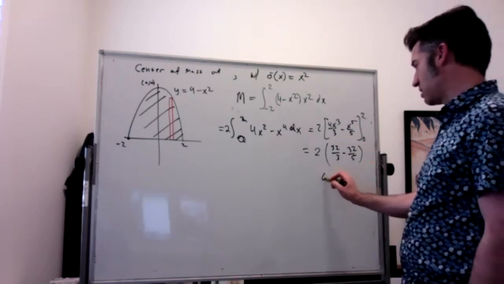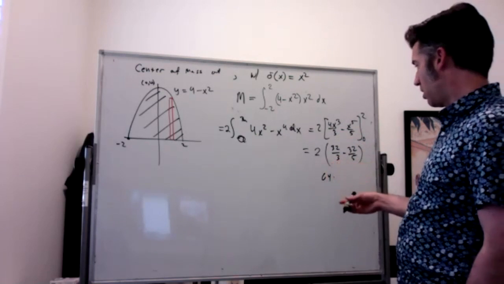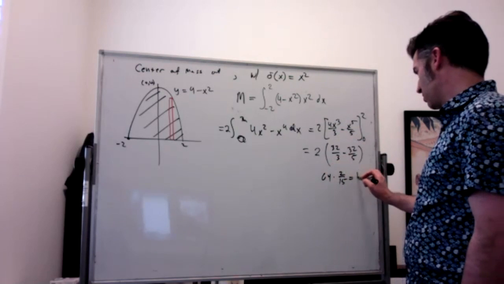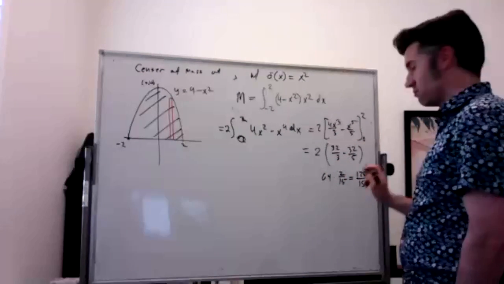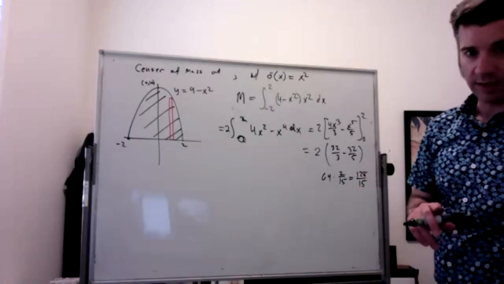That's going to be 64 times 1/3 minus 1/5, which is 2/15. So 128 fifteenths. Nice.